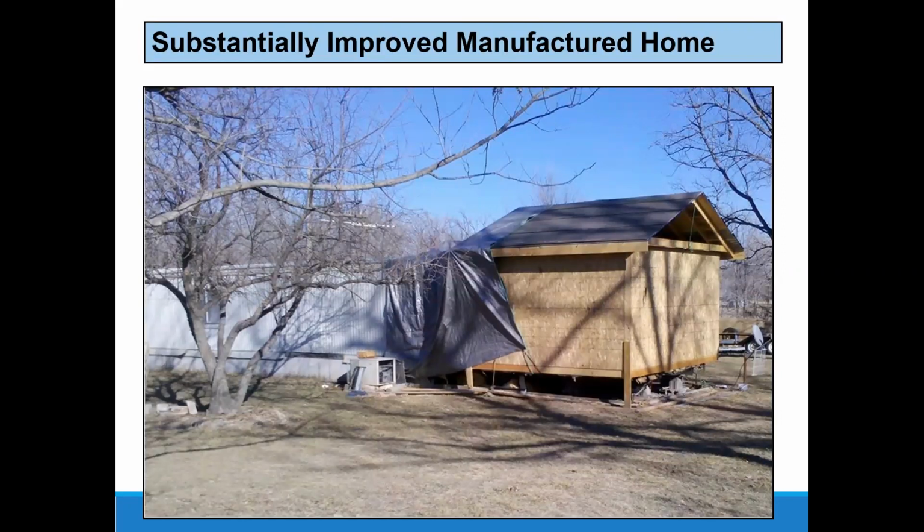So here's a substantially improved manufactured home. And so many manufactured homes are not worth as much as traditional frame buildings, and especially as they get older. Again, we are accounting for depreciation over time. So if it's a manufactured home that was built decades and decades ago, then there's a possibility that this structure could only be worth maybe $500 or something.